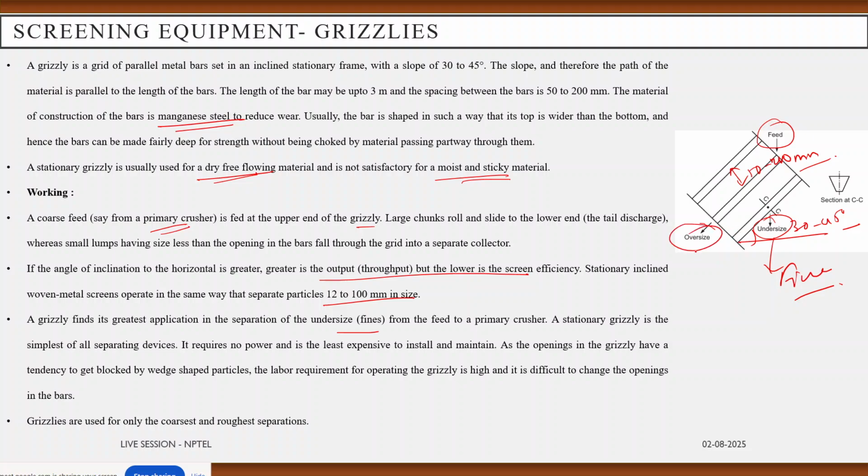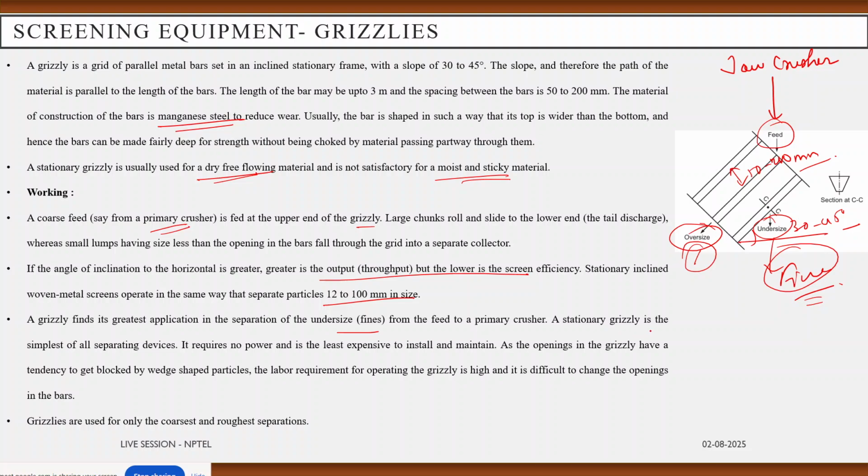Suppose you are dealing with the jaw crusher and you fed the product from the jaw crusher into the grizzly. The oversize will be the perfect size maintained for the jaw crusher, and the finer material that got generated in the process will be separated from this main product. So these are the fine materials that can be separated from the grizzly screen.